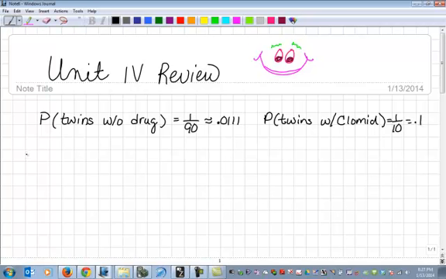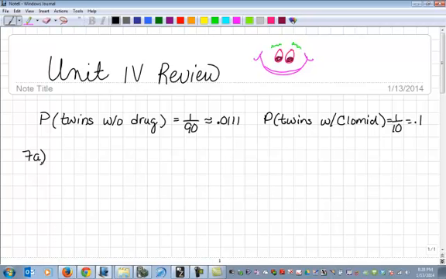So our first question asks us, well, what's the probability that among 10 pregnant women at least one will have twins if none of them were taking the fertility drug? So in this case, I know that you could either have twins or not. Okay, so 2 outcomes. The probability of having twins never changes, always remains 1 out of 90.